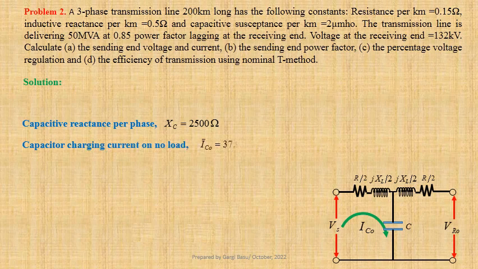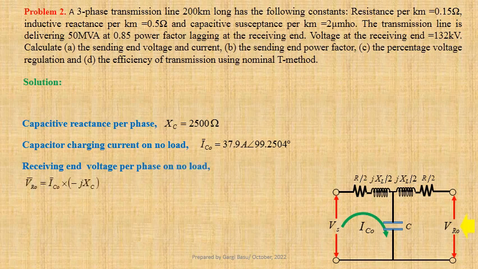We have computed capacitive reactance per phase XC equals to 2500 ohm and no load capacitor charging current ICO equals to 37.9 ampere at an angle 99.2504 degree. Let us now determine no load receiving end voltage per phase. VRO equals to ICO into minus of j times XC.